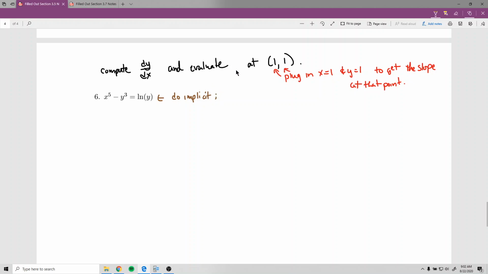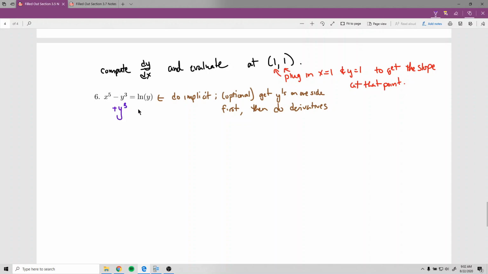What I'm going to do, this is optional, like I mentioned before, but I'm going to get the y's on one side first. Then do the derivatives. It's totally up to you. You can do it like I did all the previous ones, or you can do it like this.